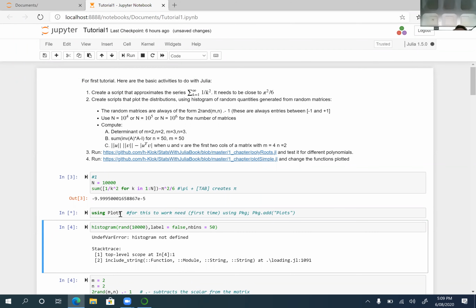All right, now have a look. There's an asterisk there on the left inside the square bracket in. So it's running, loading that cell or loading the Plots. So we'll wait for it.